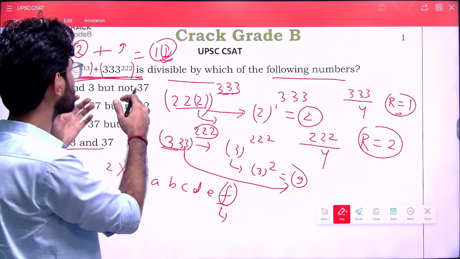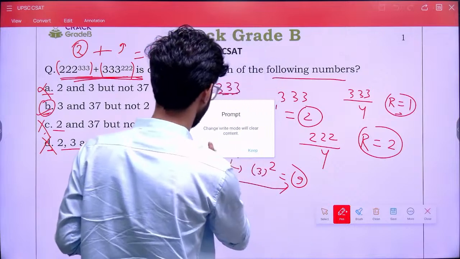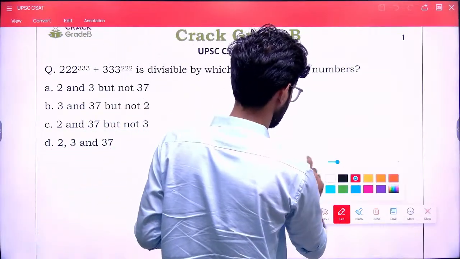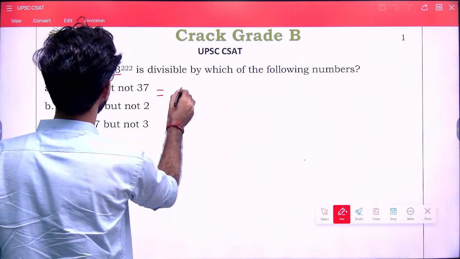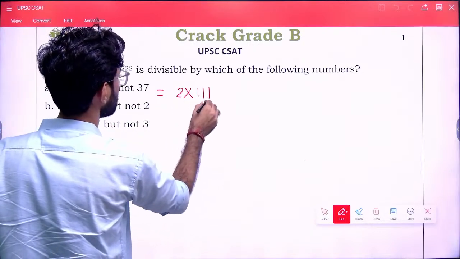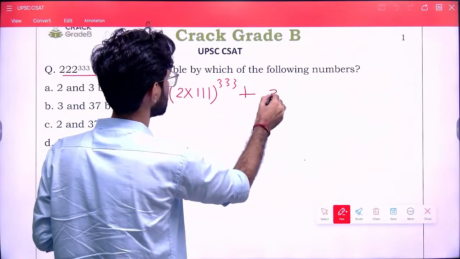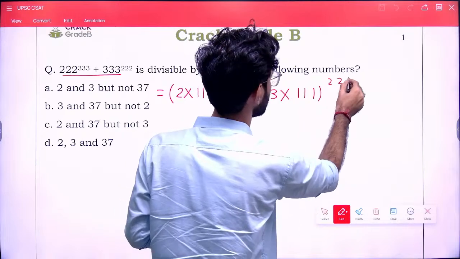Okay. So what is the general approach? If we try to solve this question by the general approach, what do we have to do? Okay. So we can write it as 2 into 111 to the power 333 plus 3 into 111 to the power 222, right?